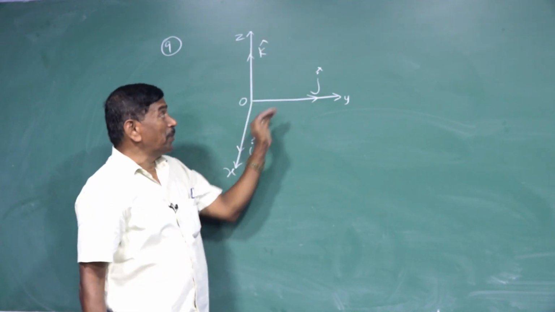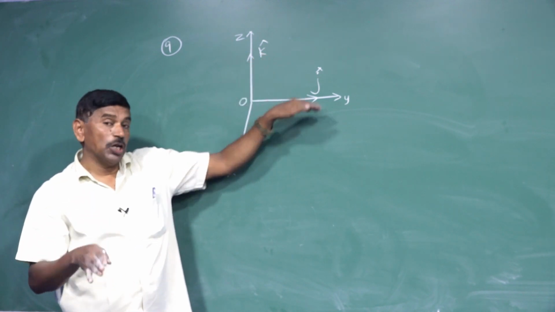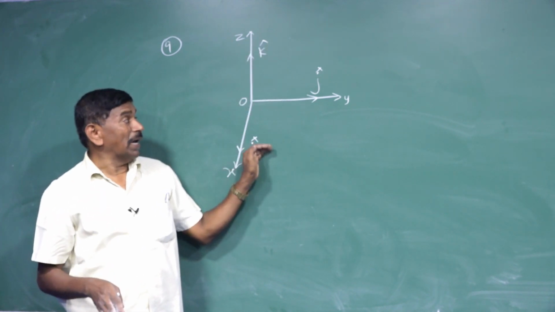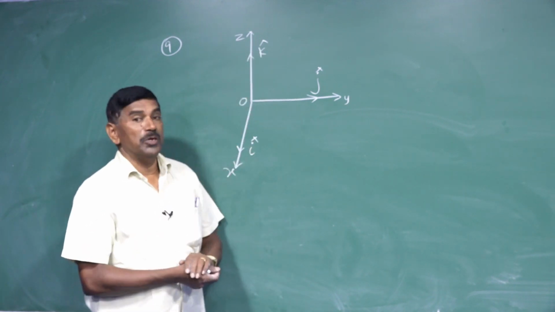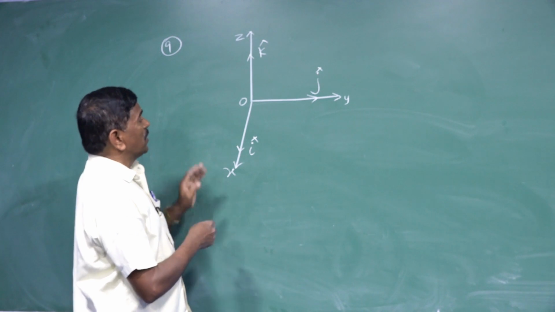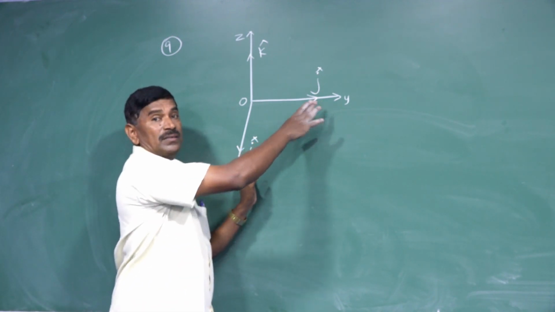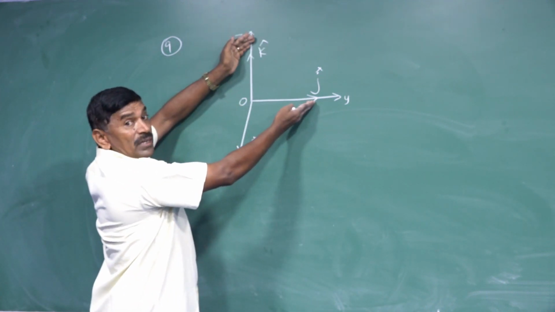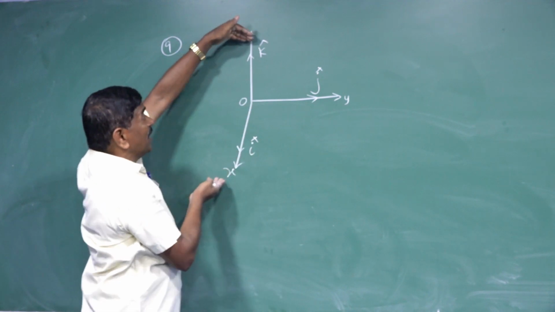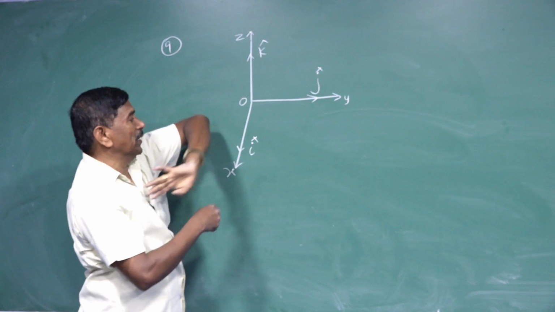Here, i cap, j cap, k cap are unit vectors mutually perpendicular to each other. Which means the angle between i cap and j cap is 90 degrees, the angle between j cap and k cap is 90 degrees, and the angle between k cap and i cap is 90 degrees. So that is the meaning.